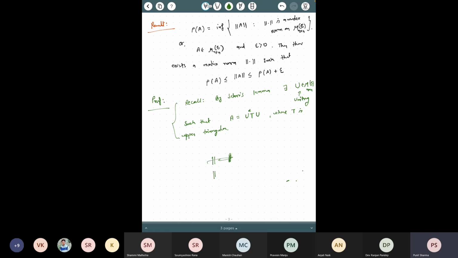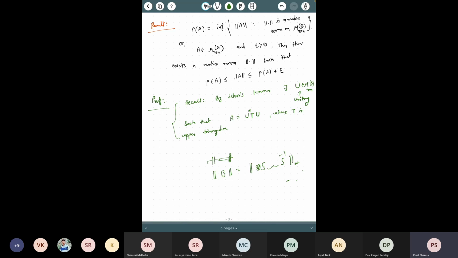So I will define a norm in this way: some matrix here and then S inverse, and this is some known matrix norm.